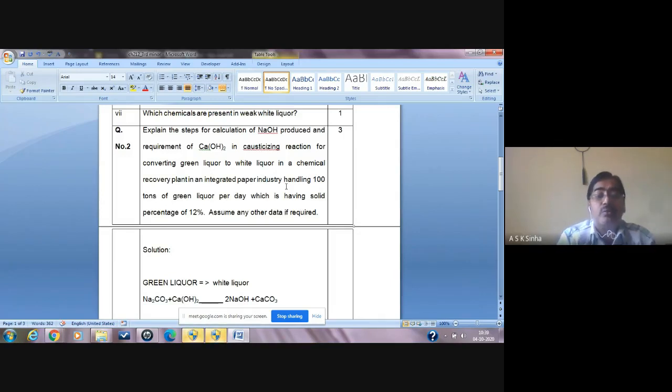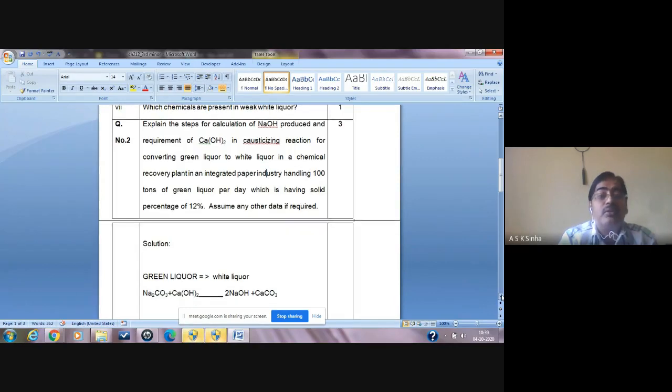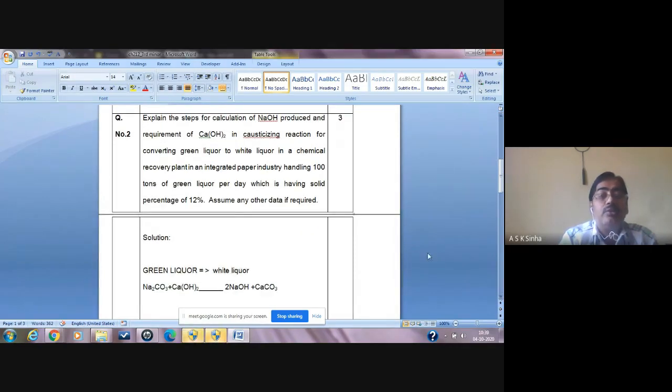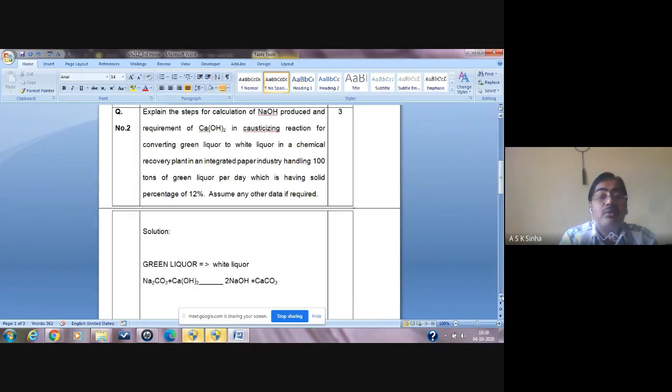If some more data is required, you can assume the various process parameters as per the industrial values. As you have already gone through the theory, you can assume the parameters that are required. Different persons will have different parameters and values depending on the industry.